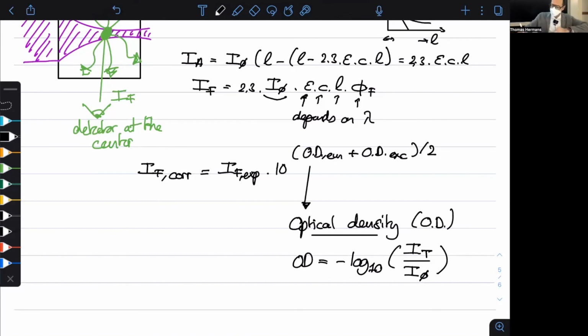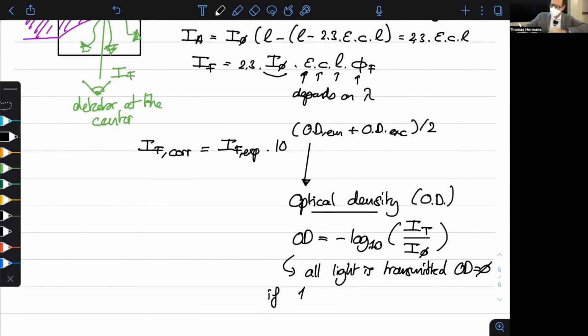Right, so it's just to give you an idea. If all the light is transmitted, optical density is what? If I have full transmission, zero absorption, nothing, my optical density is 0.